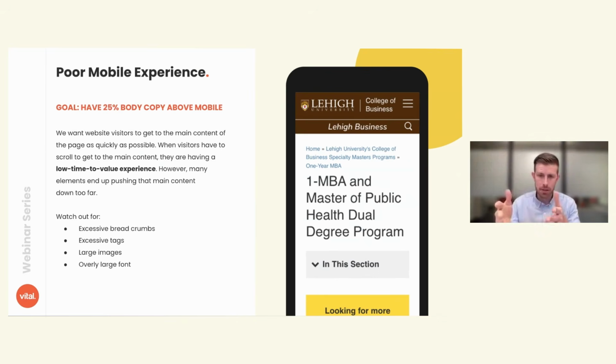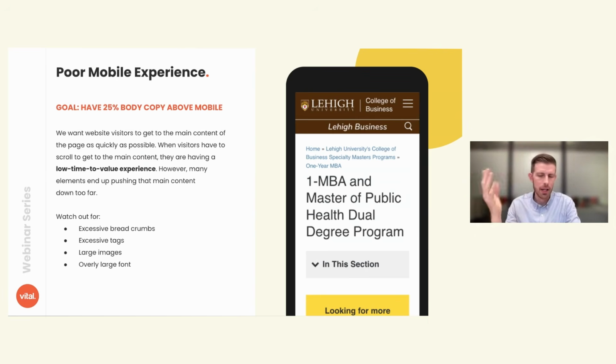This is a great example of a university where if you get on this page, without scrolling, just above the fold, I see breadcrumbs, a massive title, an anchor nav drop-down box and the start of a CTA possibly. I see none of the content that I'm probably looking for though, right? I want to read more about this degree.